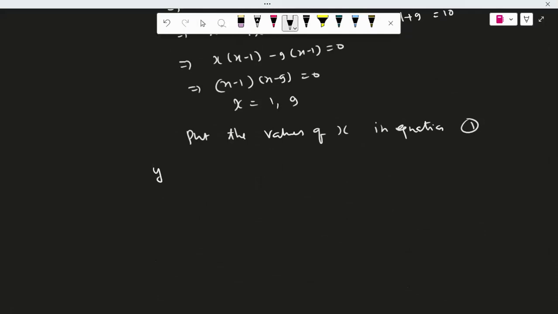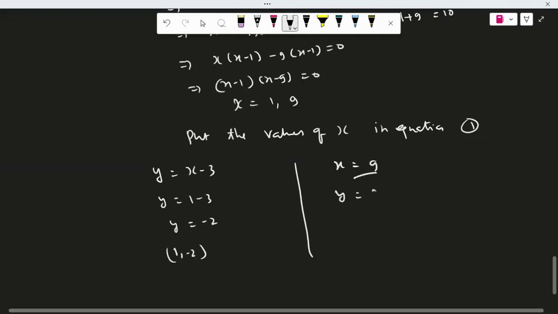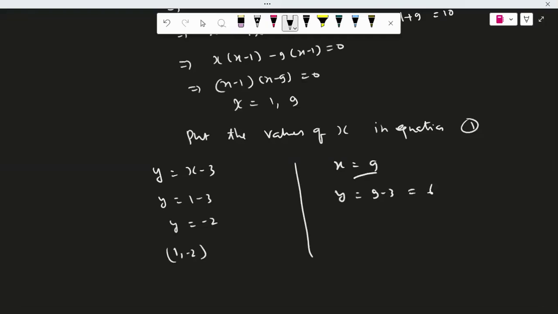So y equals 1 minus 3. Therefore y equals minus 2. So the point is 1, minus 2. And second, if we put x equals 9, then y equals 9 minus 3. That is 6. So the point is 9 comma 6.